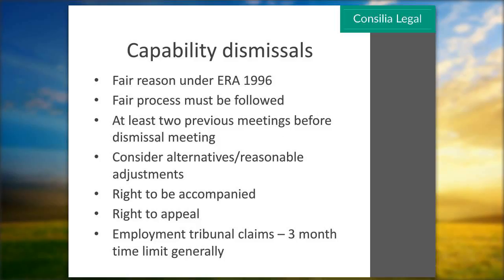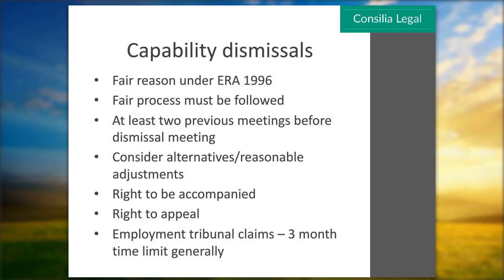Remember that for a discrimination claim, an employee does not have to leave. They don't have to resign. They can start ACAS early conciliation at any time within 3 months of when they say an act of discrimination occurred, for example, a failure to make an adjustment to accommodate them in the workplace. They can remain employed by the company, and then they can bring a claim.